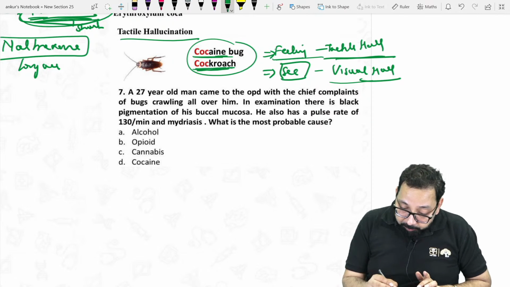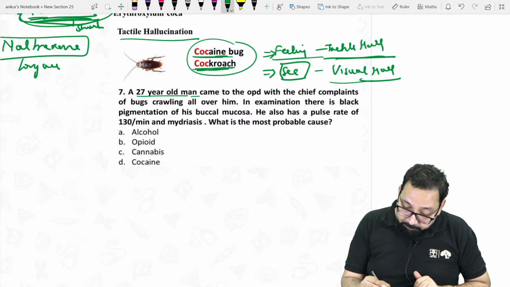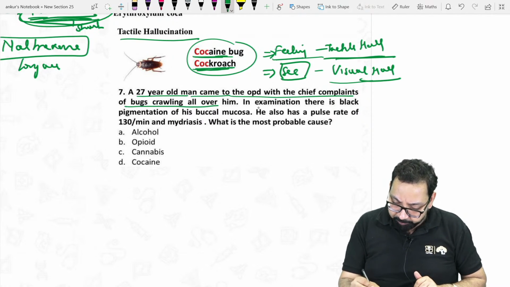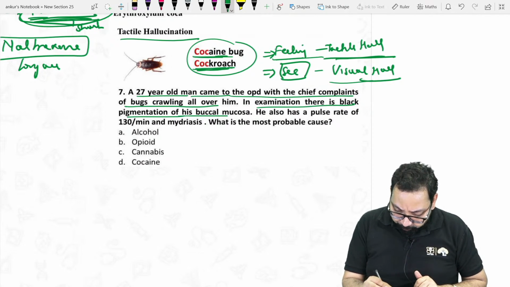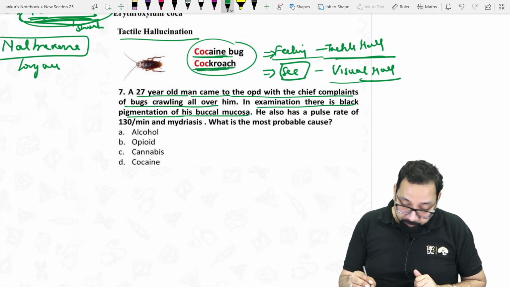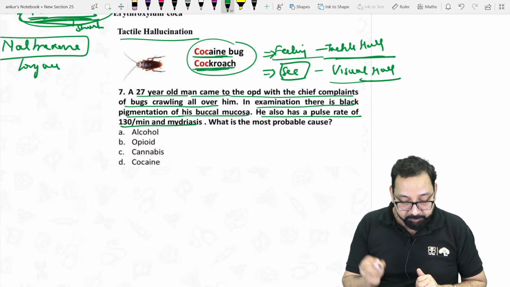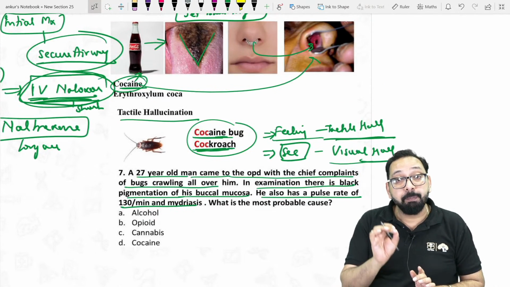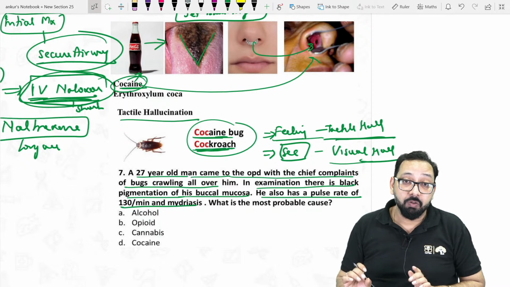Now, a 27-year-old male comes to OPD with a chief complaint of bugs crawling all over him. In examination there is black pigmentation of his buccal mucosa. Pulse rate, this is pulse rate. In cocaine there is sympathomimetic activity.